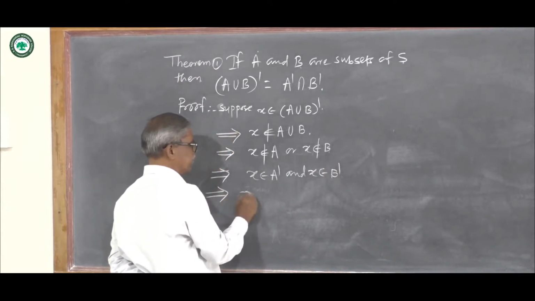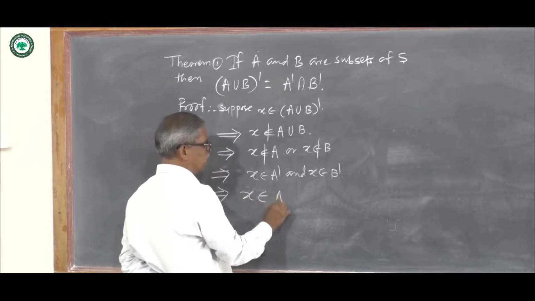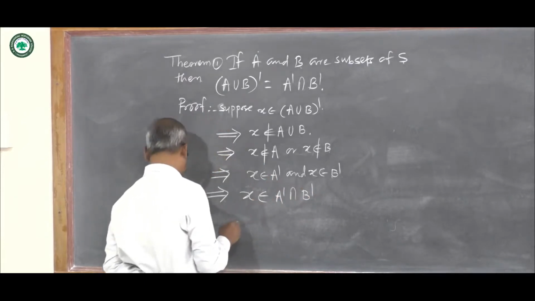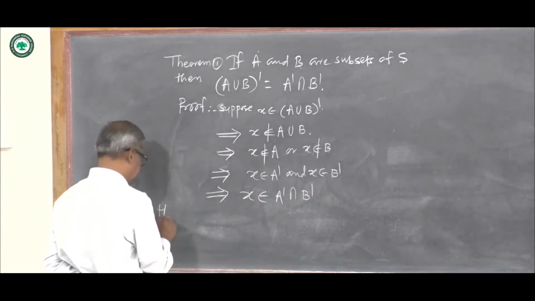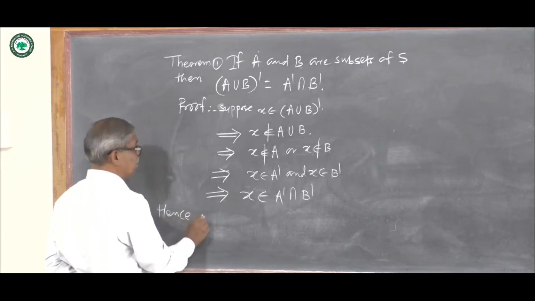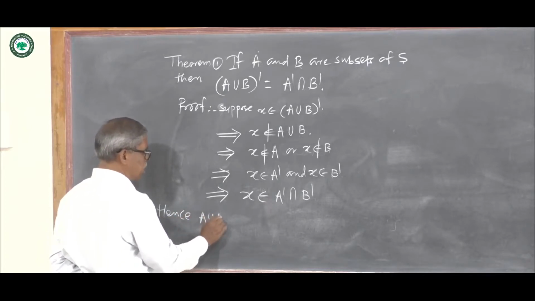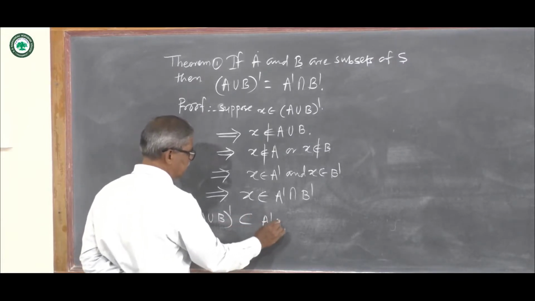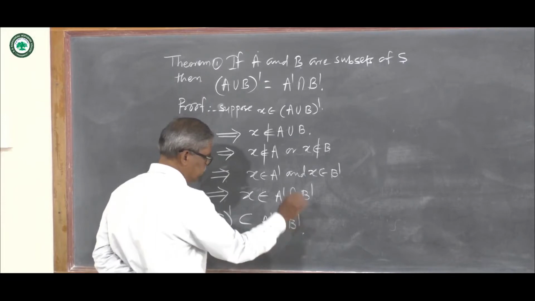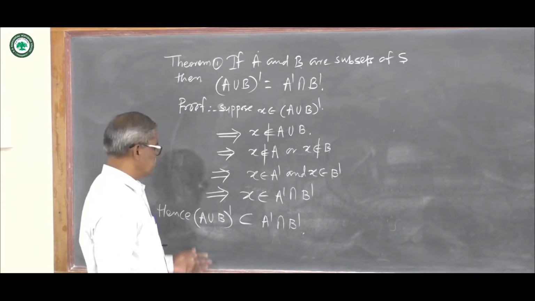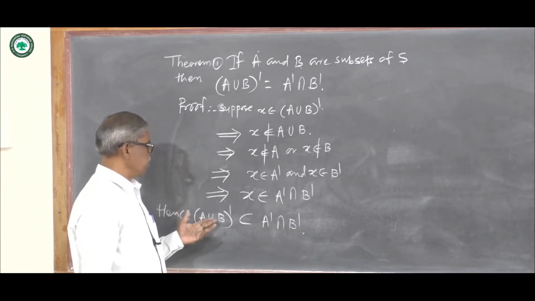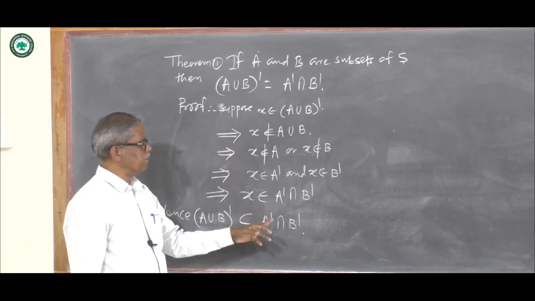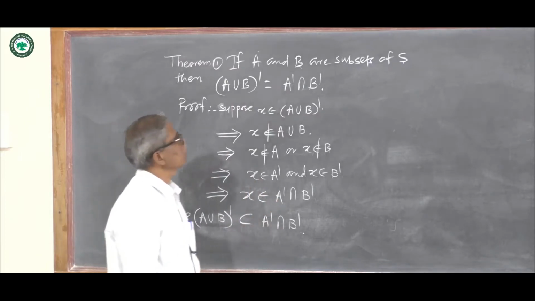This implies x belongs to A' intersection B'. Hence, (A union B)' is a subset of A' intersection B'.